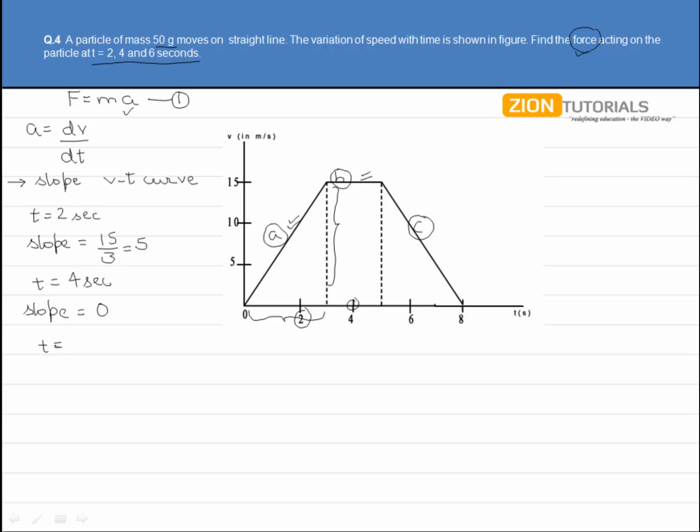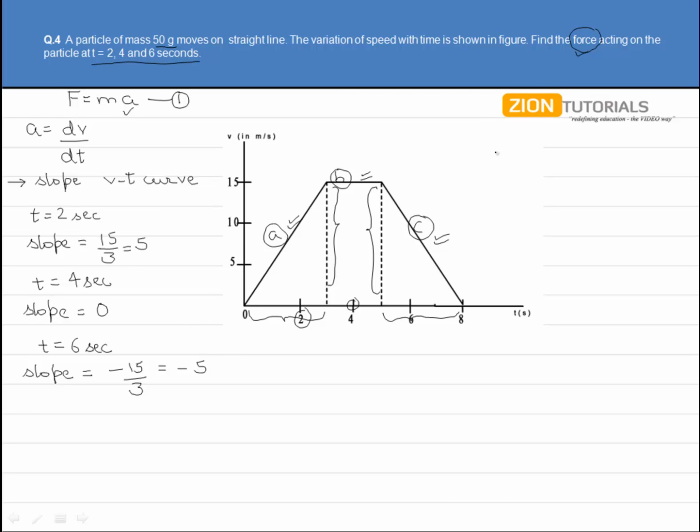Similarly, at t equals 6 seconds, from the graph we can say that the particle is following the C curve. So, finding the slope of the curve, we get minus 15 over 3. 15 we got from here and 3 as the time period this. That is equal to minus 5 meter per second square.